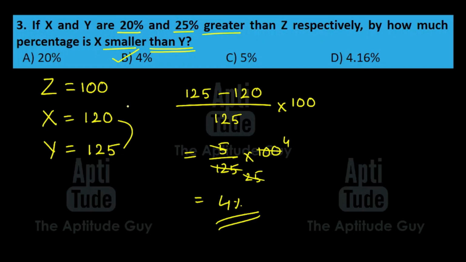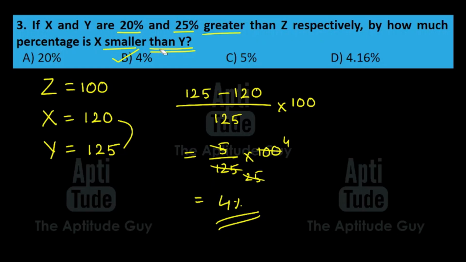Now let's take a hypothetical situation. If the answer is supposed to be option D, then what would be the change in the question? Y would be divided by X. What should the question say? Then the question should say, by how much percentage is Y greater than X? Greater than X. So smaller than and greater than, the numerator stays the same because the difference between them is the same, that is 5.